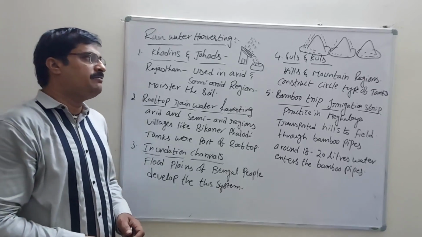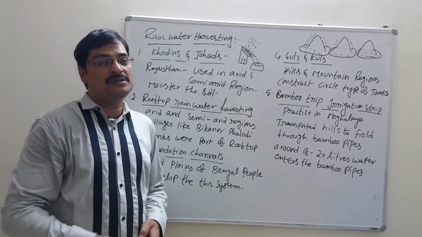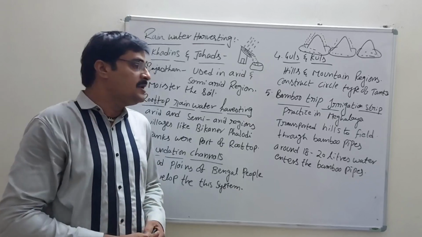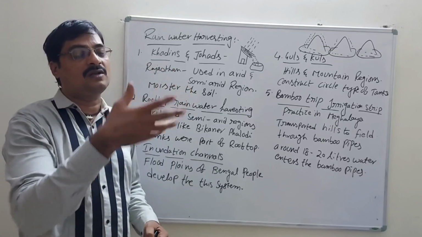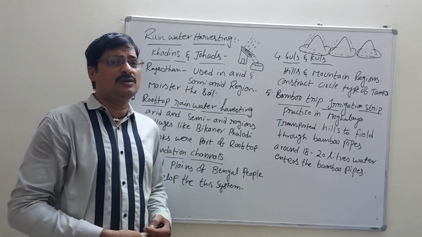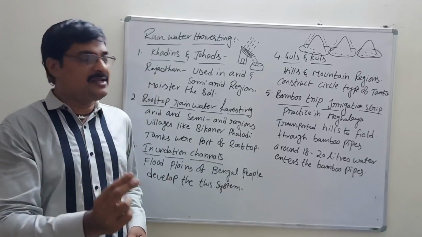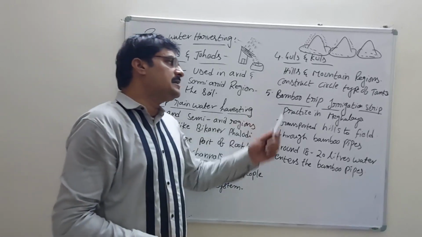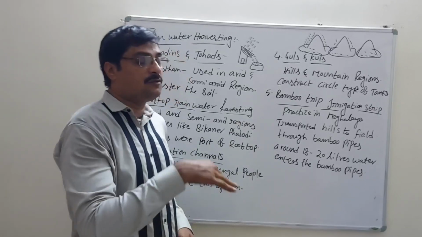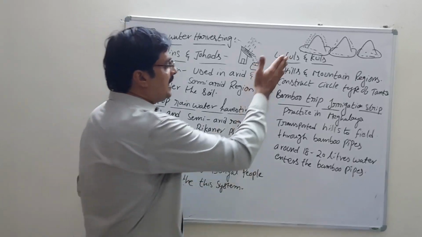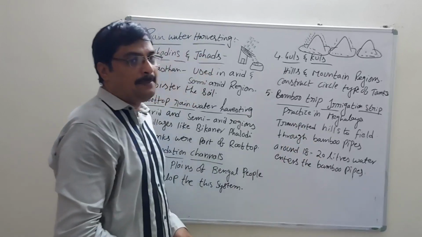Now come to the point of bamboo drip irrigation. What is the meaning of bamboo sticks? They use bamboo sticks where more rainwater flows, and they arrange them there. This system is practiced in Meghalaya, where water is transferred from hill areas directly to the agricultural field through bamboo pipes.